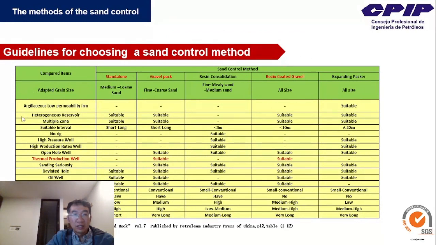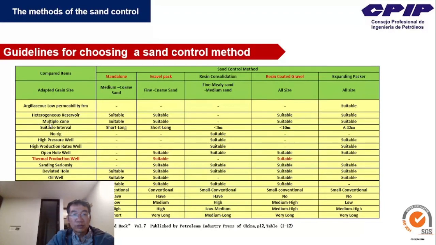We can see the heterogeneous reservoir: standalone is suitable, gravel packer is suitable, resin-coated gravel is suitable, and expanding packer is suitable. The first one is low permeability formation: just expanding packer is suitable.